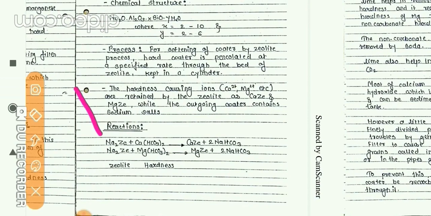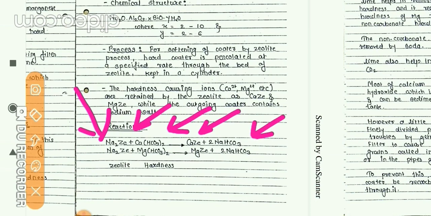Skipping the total chemical structure, it is simply written as Na2Z, meaning sodium zeolite, and Ca(HCO3)2, the calcium bicarbonate. By adding that zeolite, it will form CaZ, calcium zeolite, and 2NaHCO3, the byproduct.